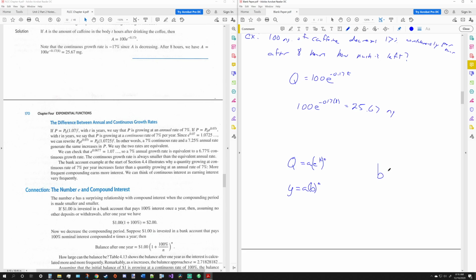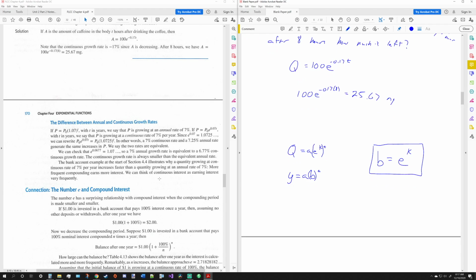So B is equal to E to the K. So that is going to be useful if we're looking for growth factors or nominal interest rates or effective interest rates or whatever that may be. We can find the B value that way. So we just have to take E and raise it to the K, continuous growth rate.